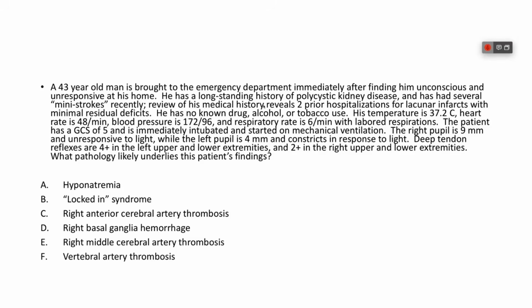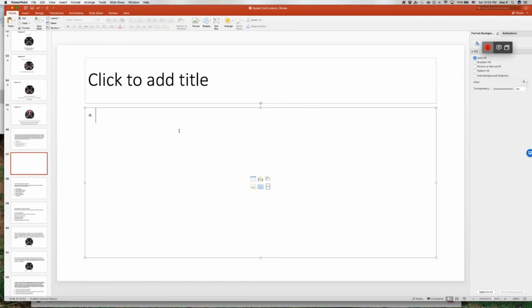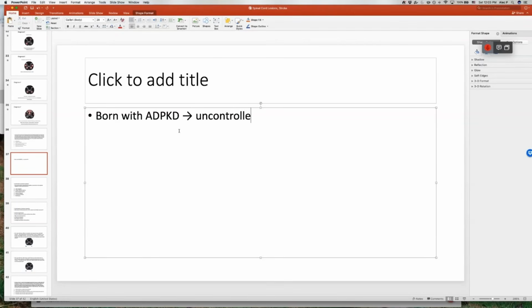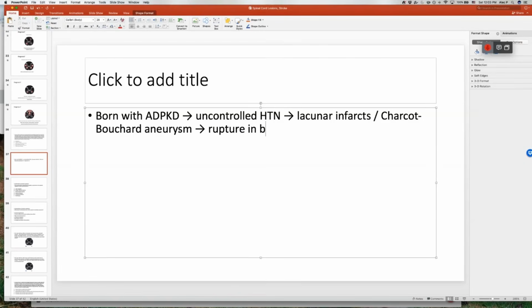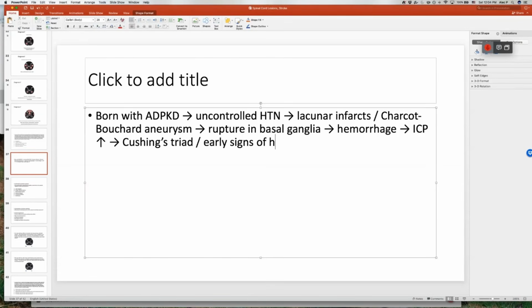Yeah, perfect. No, that's great. So if I had to write it out, I would say he's born with PKD, probably autosomal dominant PKD, which leads to uncontrolled hypertension, which ultimately leads to lacunar infarcts / Charcot-Bouchard aneurysm, which leads to rupture, right, in basal ganglia, which leads to hemorrhage, which leads to ICP up, which is going to lead to basically Cushing's triad / early signs of herniation.